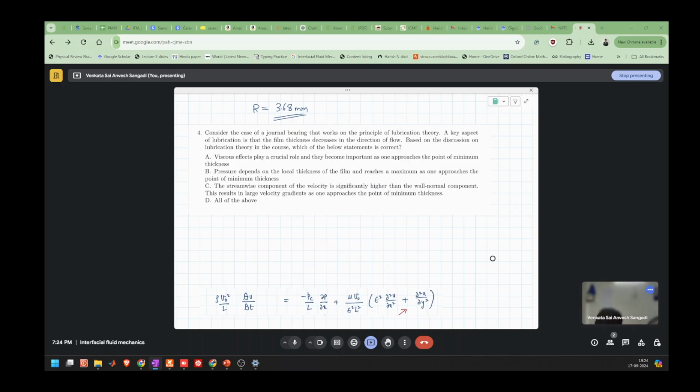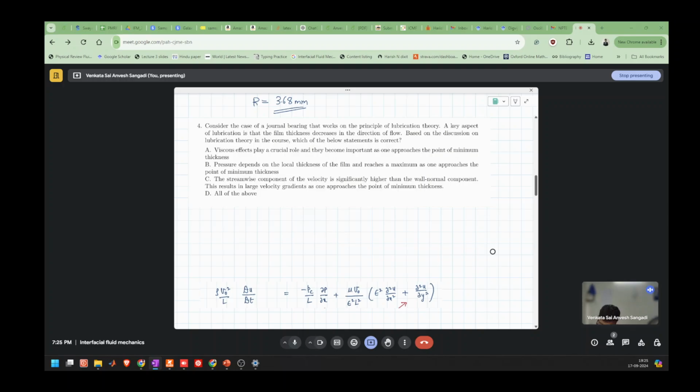A key aspect of lubrication is that the film thickness decreases in the direction of flow. Based on the discussion on lubrication theory in the course, which of the below statements is correct? The first option is viscous effects play a crucial role and they become important as one approaches the point of minimum thickness.